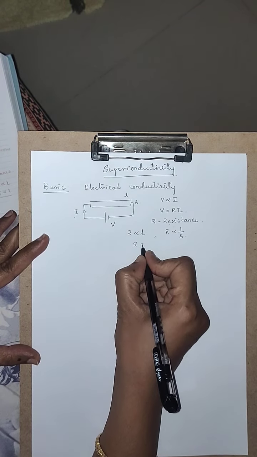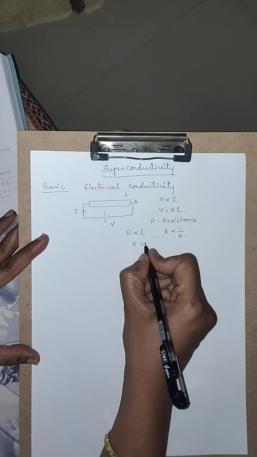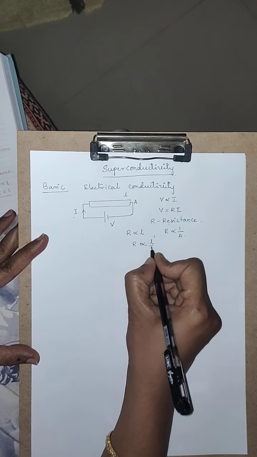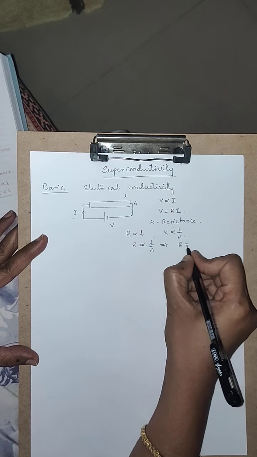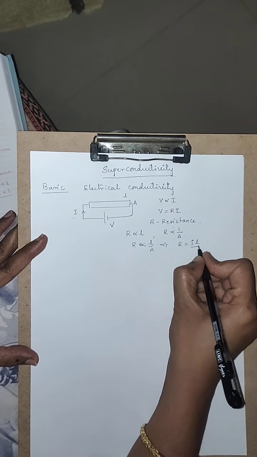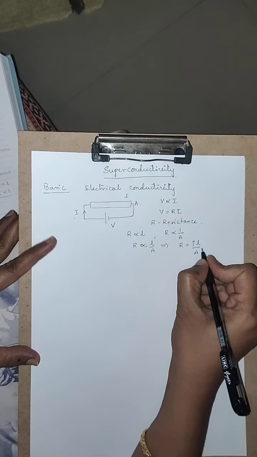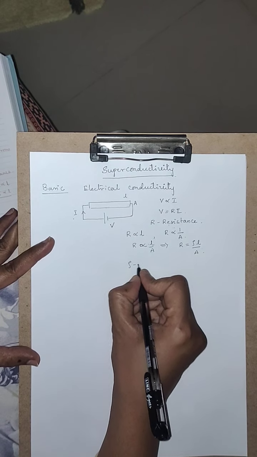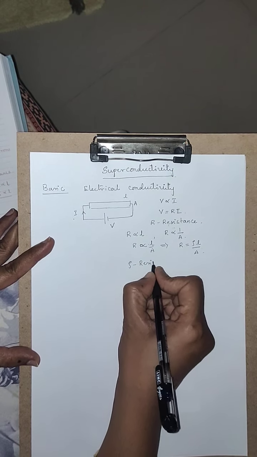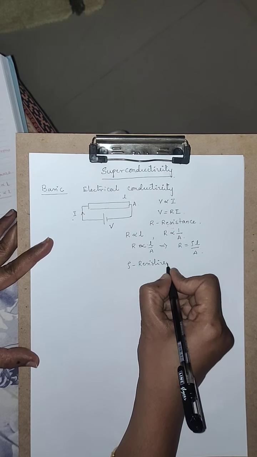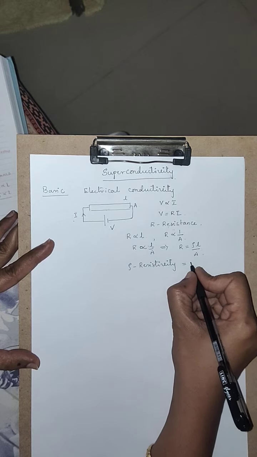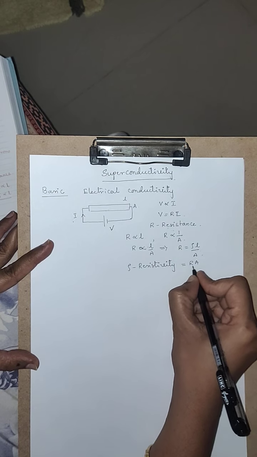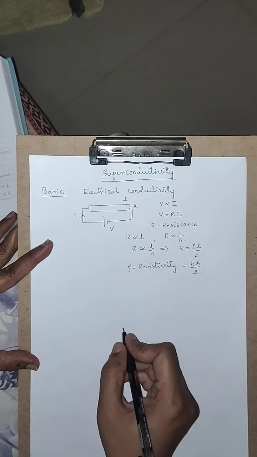Therefore, R is directly proportional to L by A, which implies R equals rho into L divided by A, where rho is known as resistivity, and this is given by the formula R into A divided by L.